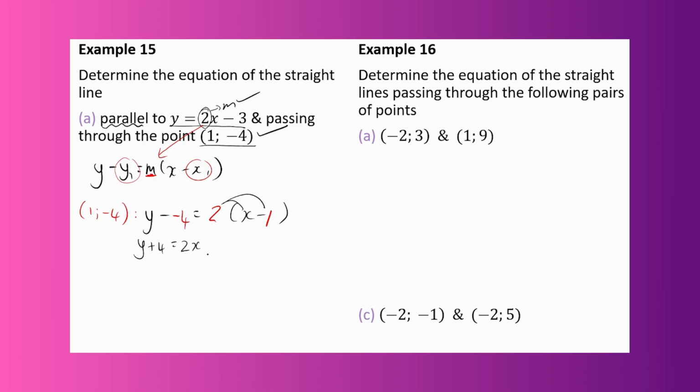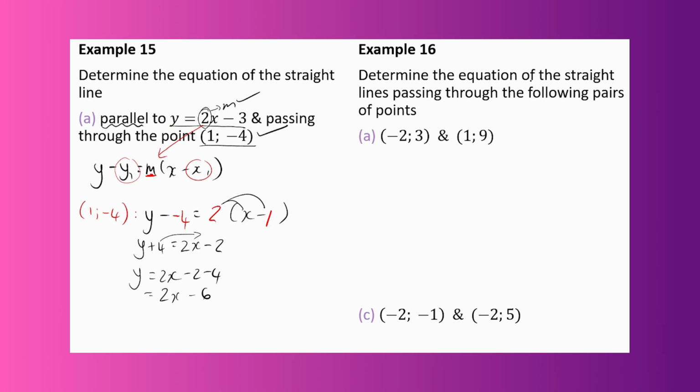Remember, this 2 gets multiplied with both terms, so minus 2. You take the plus 4 over by subtracting 4, and then you're going to have 2x minus 6. And you see here now, one shot, you already have your equation. You don't have to substitute back in once you have your c. But again, they can't really force you to use this. It's just a nice tool to have in your pocket also.